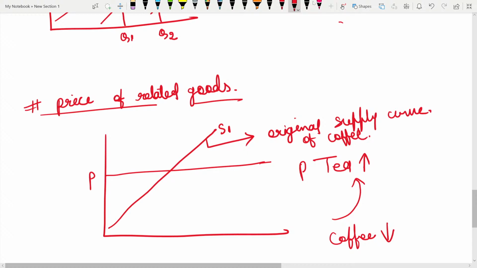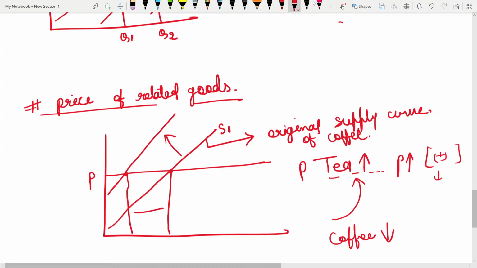Okay, so in this case, the supply curve of coffee has shifted backward, because producers have started to produce more of tea because the price has gone up, and we all know price and quantity supplied show a positive relationship. Now you can see that supply of coffee has got reduced this much, from Q to Q1.